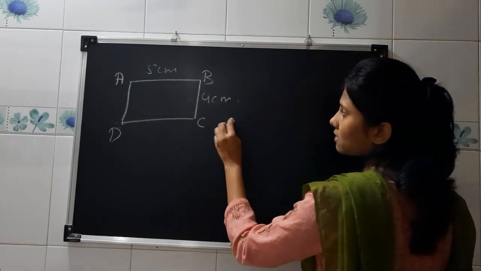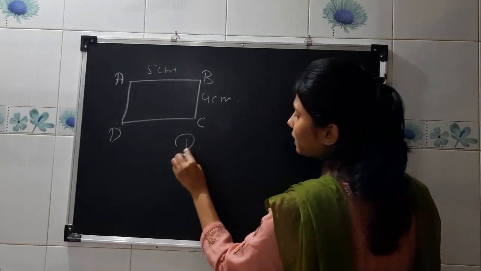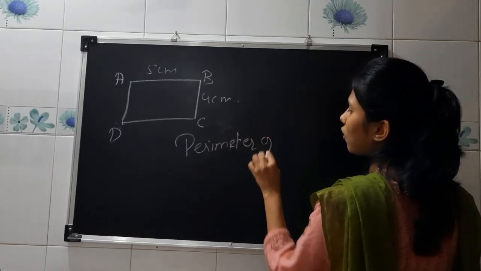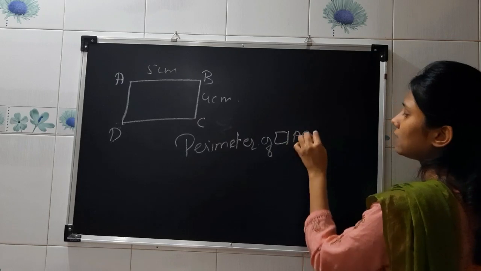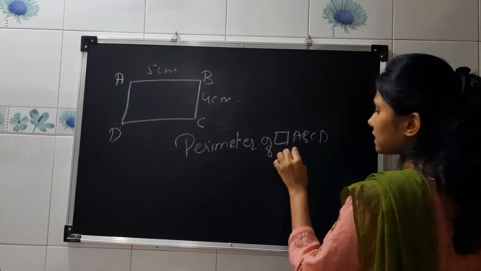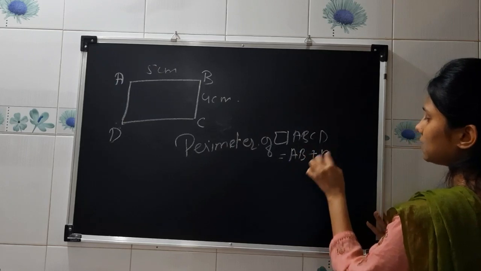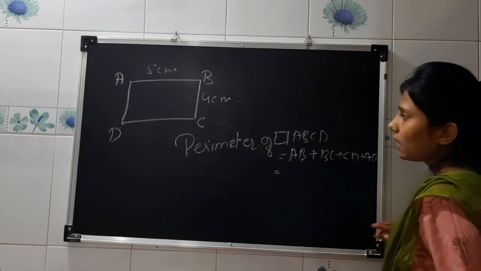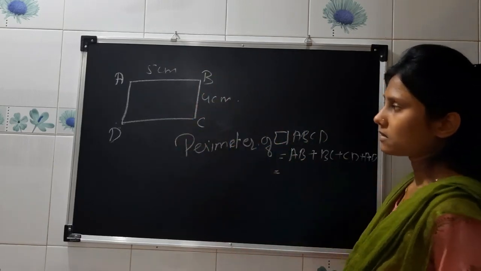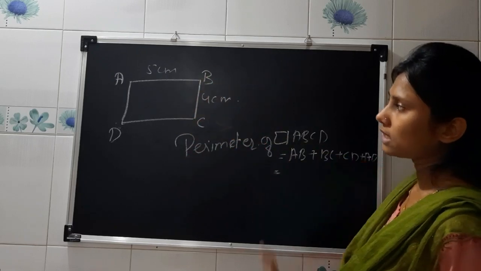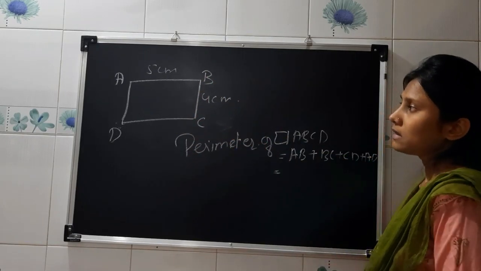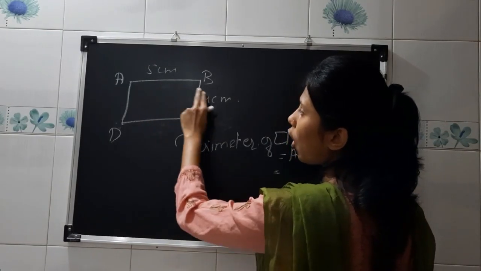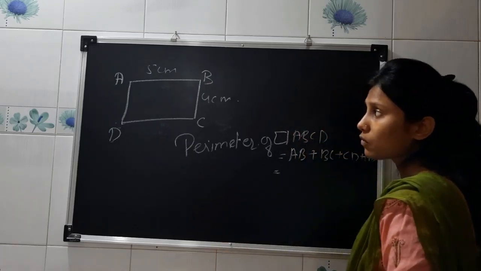For finding the perimeter of rectangle ABCD, it is equal to side AB plus BC plus CD plus AD. We add the length of all the sides of the rectangle. But we know that the opposite sides of a rectangle are equal.